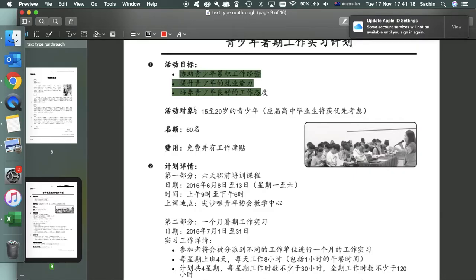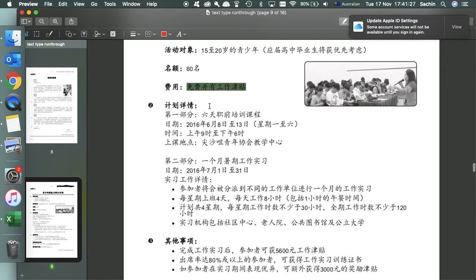Like who is the target audience, and then how many people can sign up, what is the price for this experience, and then you have other details like how long is it going to be held for, when is it going to be held, and then where is this event you're running going to be held.